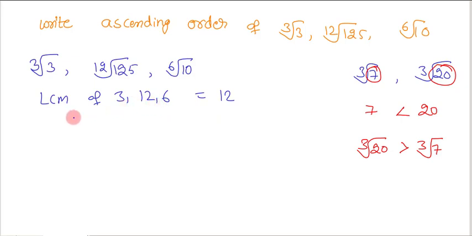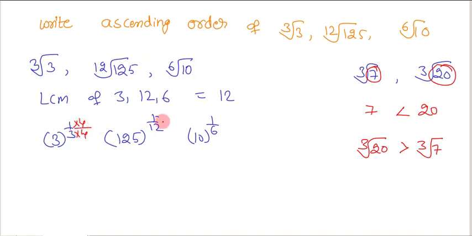Firstly, I am writing the first surd as 3 to the power of 1 by 3, the second surd as 125 to the power of 1 by 12, and the third surd as 10 to the power of 1 by 6. To make these surds of order 12, you need to make this 3 a 12, so multiply it by 4 by 4.